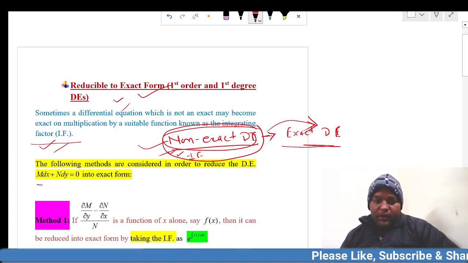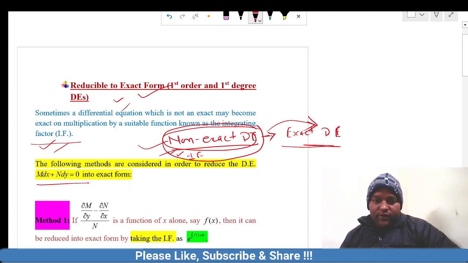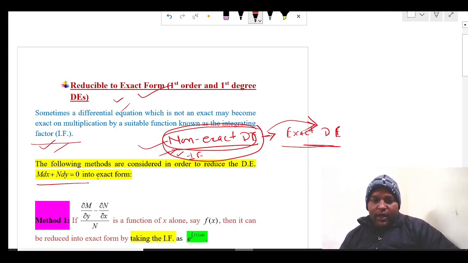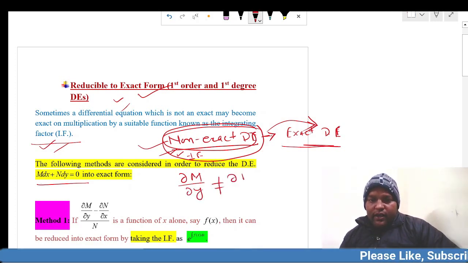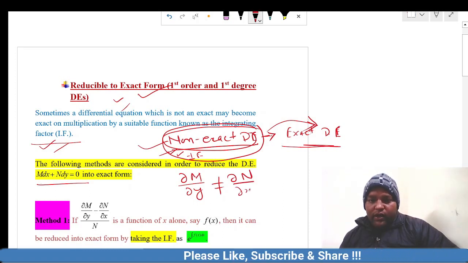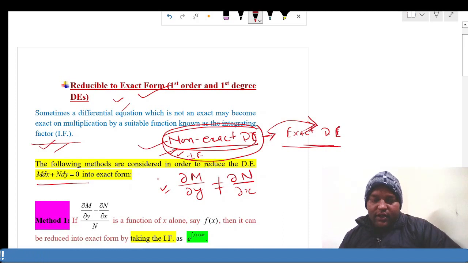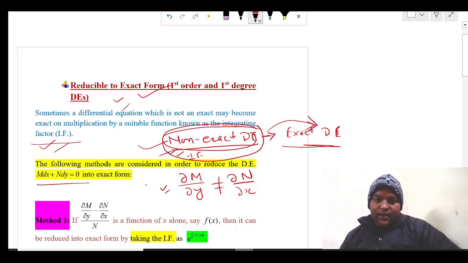Suppose we are given a first order and first degree differential equation in the form M dx plus N dy is equal to 0, and initially it is not in exact form, meaning del M over del y is not equal to del N over del x, which means that the necessary and sufficient condition for exactness is not satisfied here.